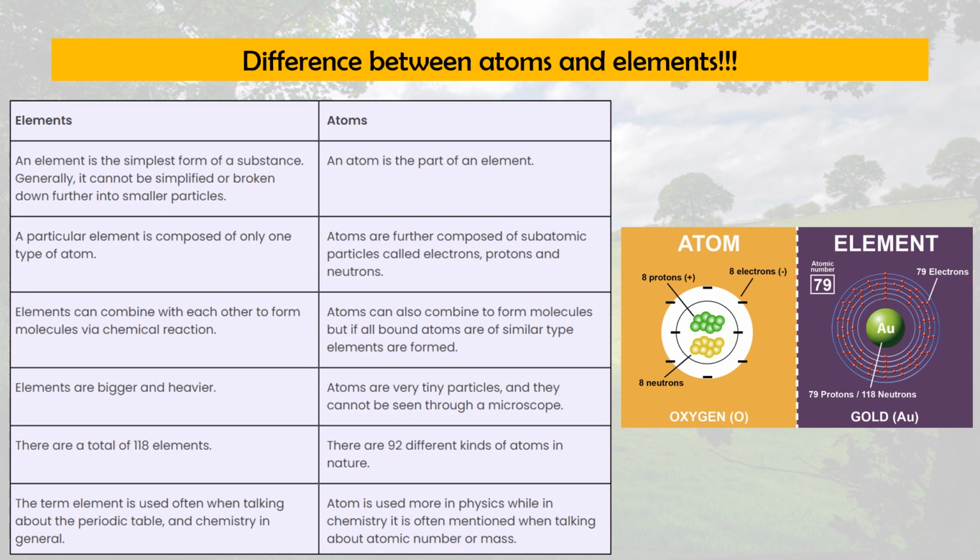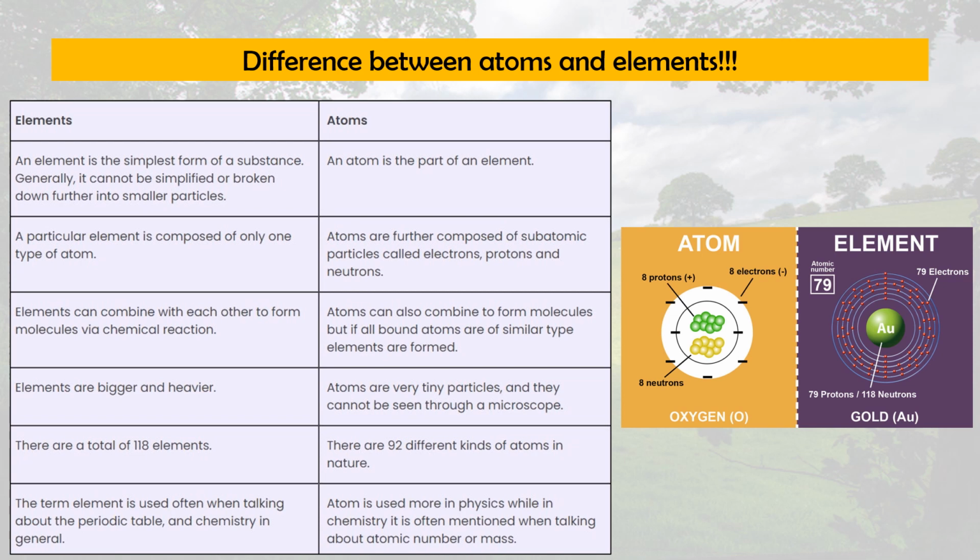Here, you can see the protons, neutrons, and electrons. But in the element, here gold, it represents that it is the simplest form, and the atomic number is 79, and the neutrons number is 118.